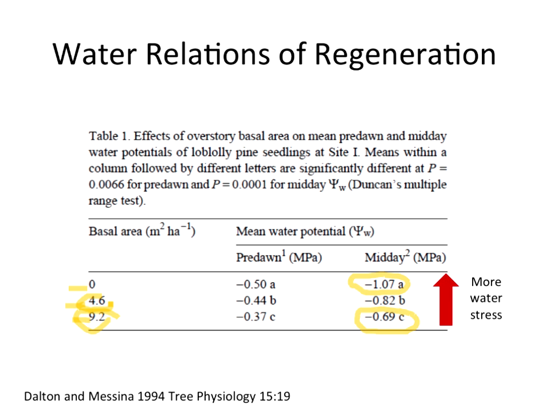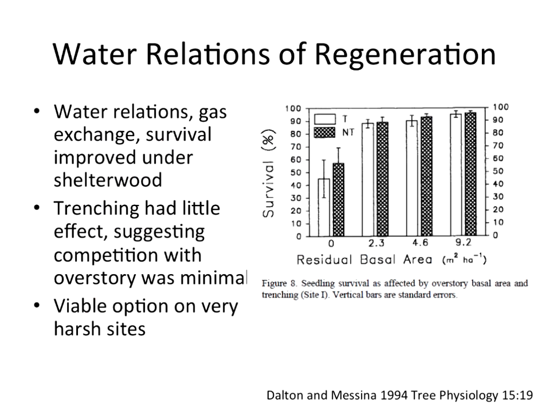So trees regenerating underneath the shelterwood had less water stress than trees regenerating in a clear cut. And when they looked at survival, they found similar results in that trees regenerating in the clear cut had lower levels of survival than trees with some degree of overstory retention.